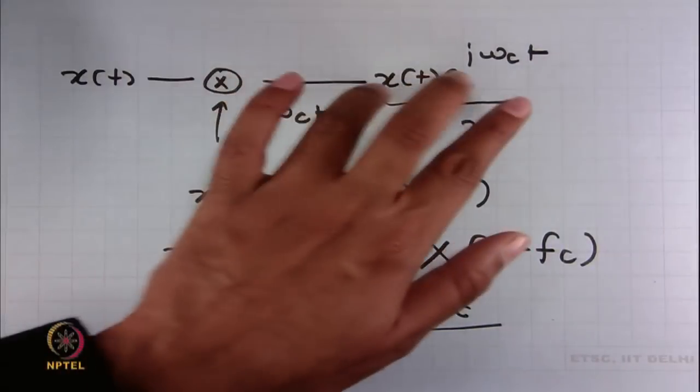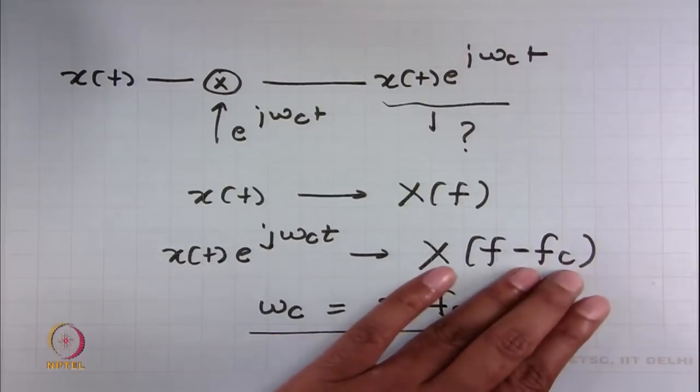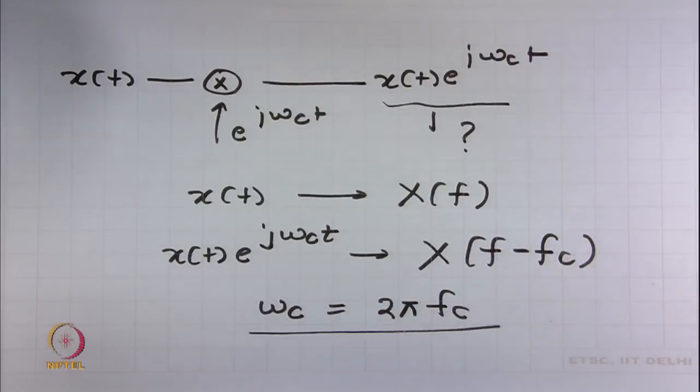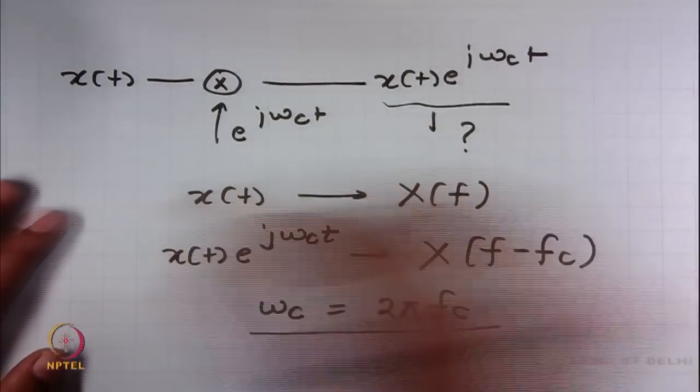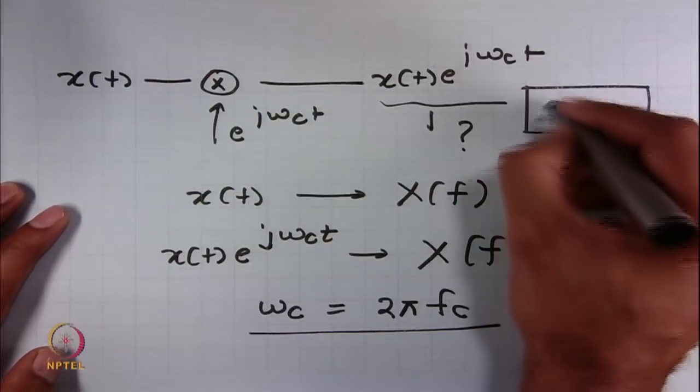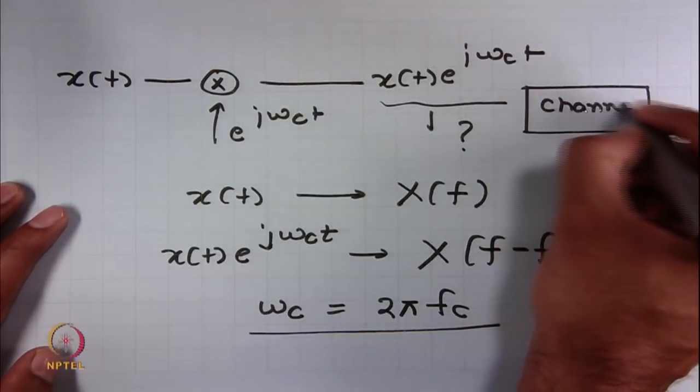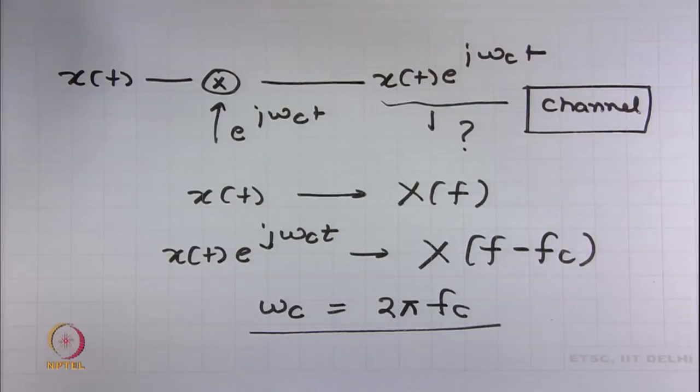So, the spectrum of this signal would be centered at around f_c, and now if you want to pass this through a channel, let us see what happens.